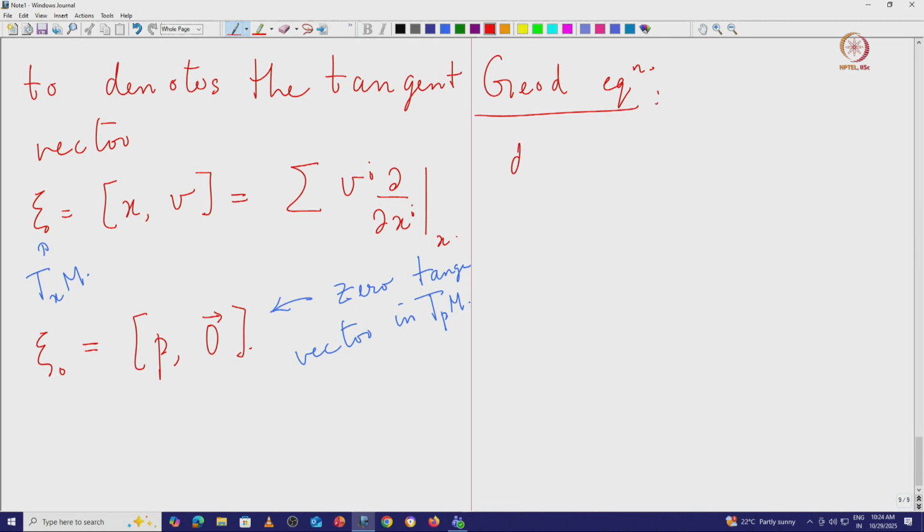The geodesic equation, if you remember, is just this. For all k, we need to satisfy this.